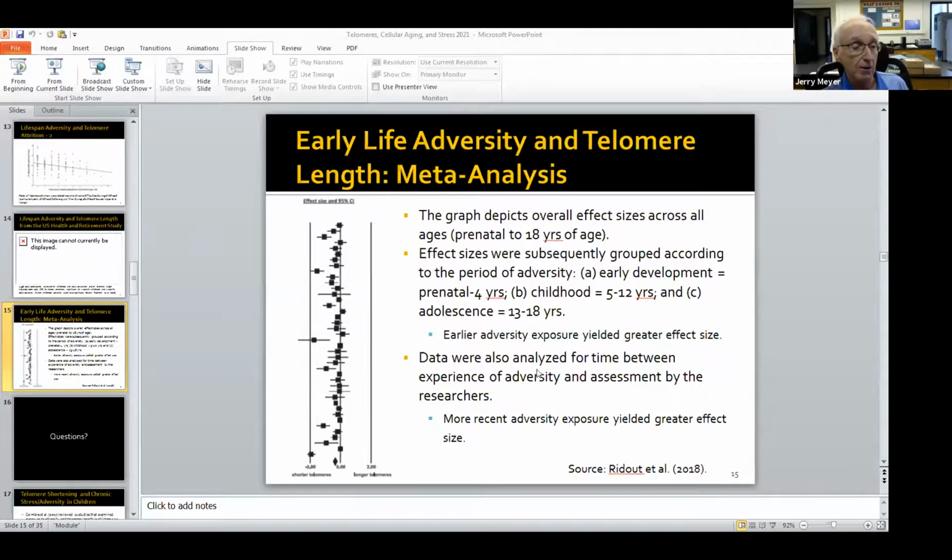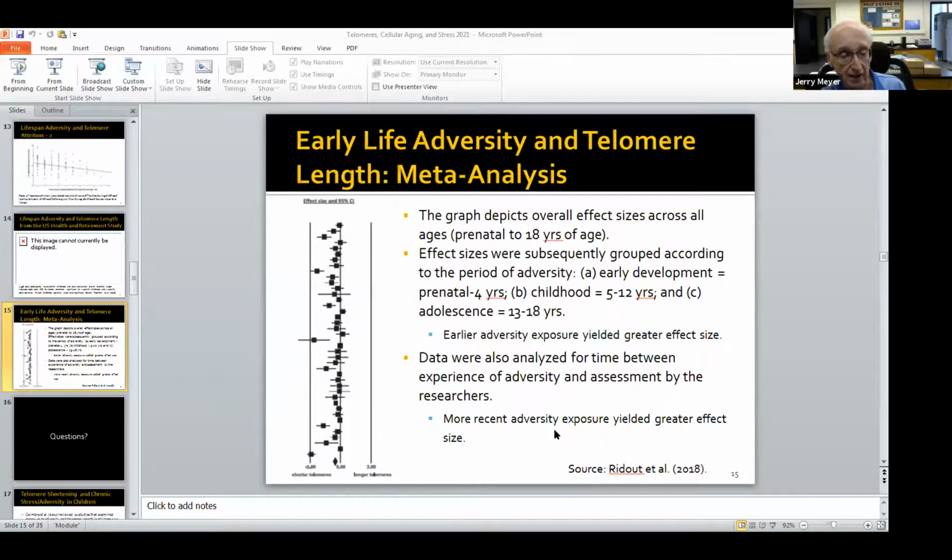However, if you disregarded the age range, but rather analyzed the data for the time between the experience of adversity and the assessment by the researchers, more recent adversity yielded greater effect size. So that seems a little paradoxical or contradictory, but I think we can conclude two things.